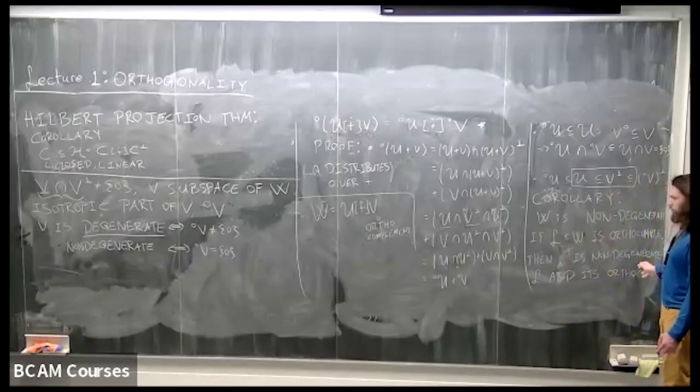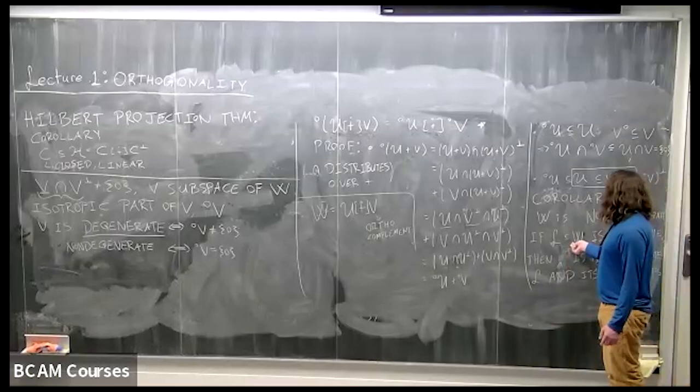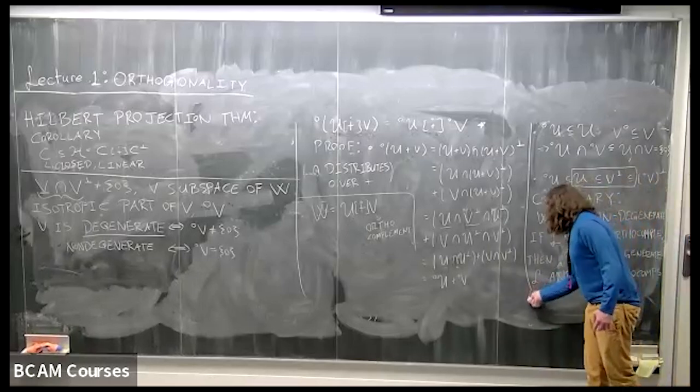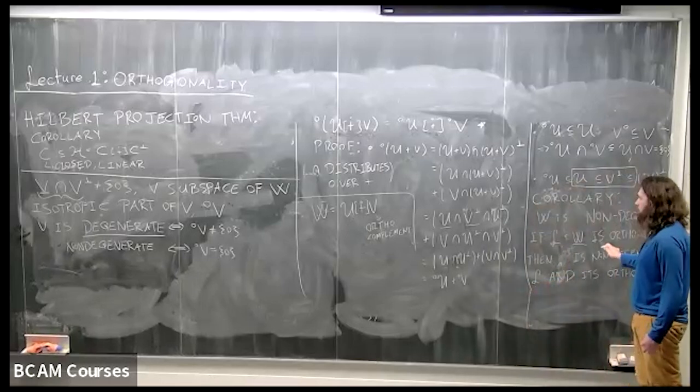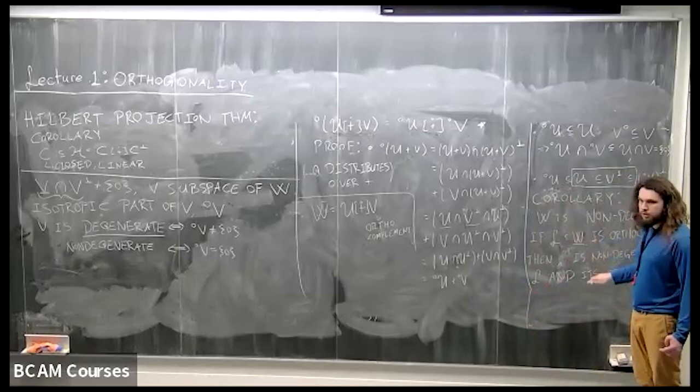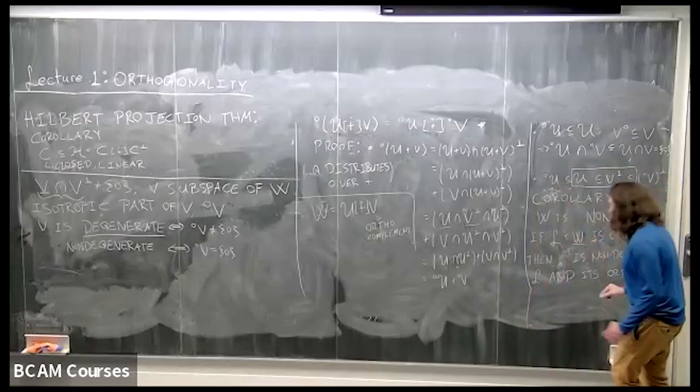Okay, so the way to see the corollary is pretty straightforward. So W is non-degenerate, which means that the isotropic part consists of only the zero vector.